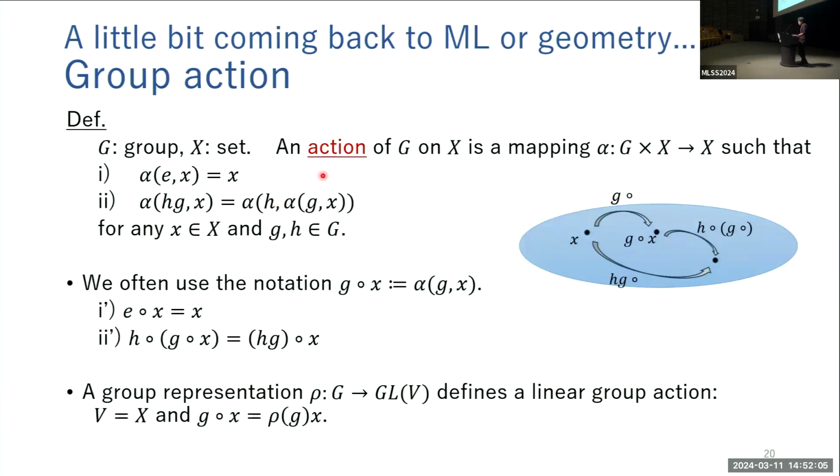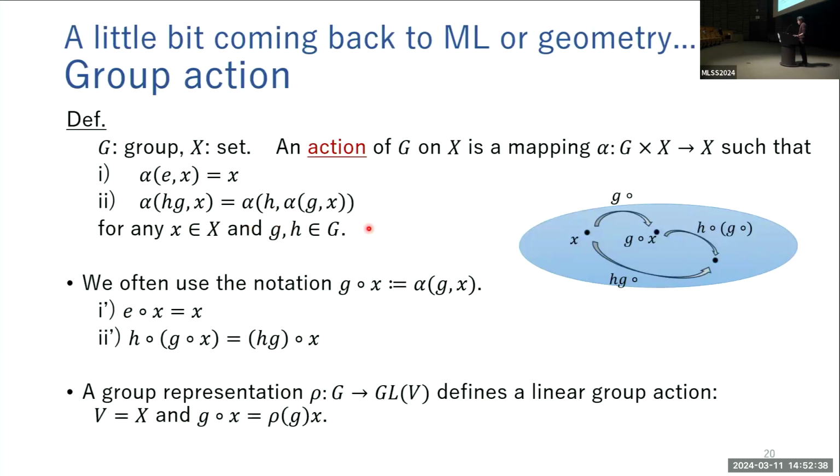And we say this is an action if the identity element gives the identity mapping of the space, and the successive application of elements G and H gives the successive application of the mappings. In this case, X is mapped by G, and then that point is mapped by H. And the second one is very important in considering the group action.